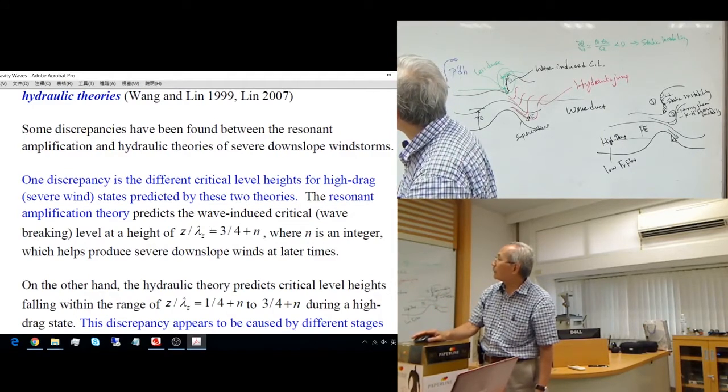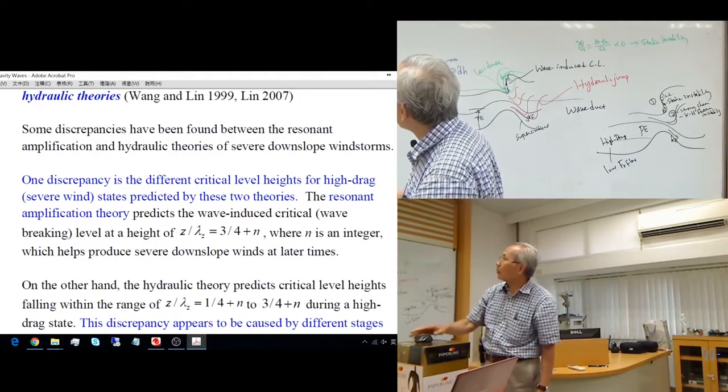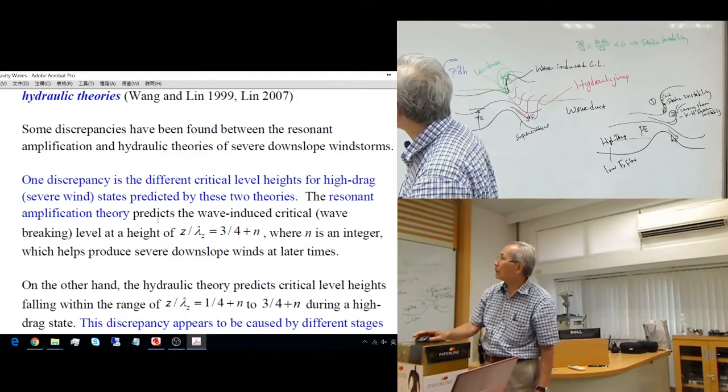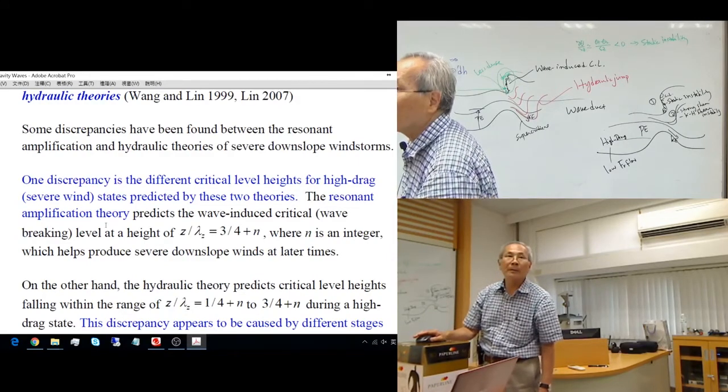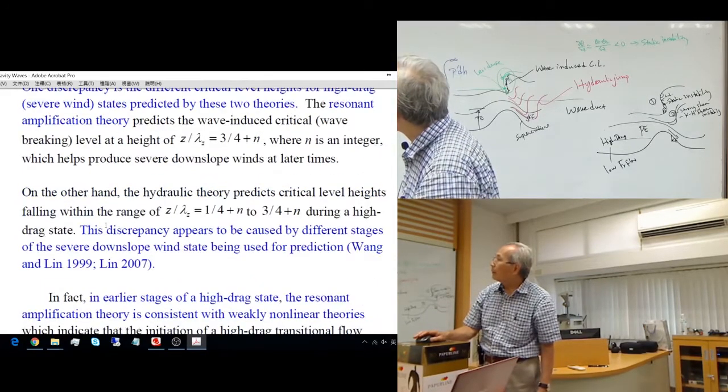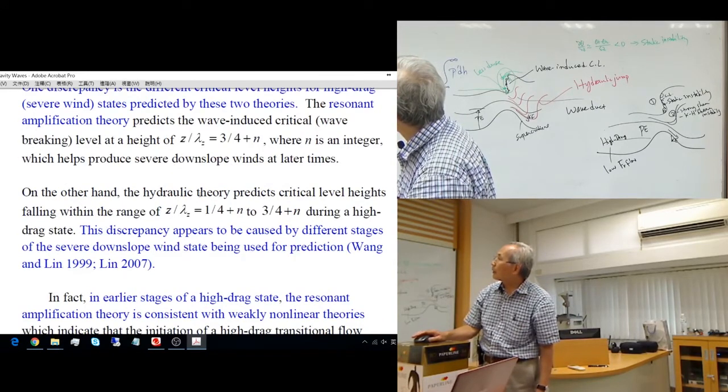We found that the critical level height is more consistent with resonant amplification theory. On the other hand, hydraulic theory predicts critical level heights like this.